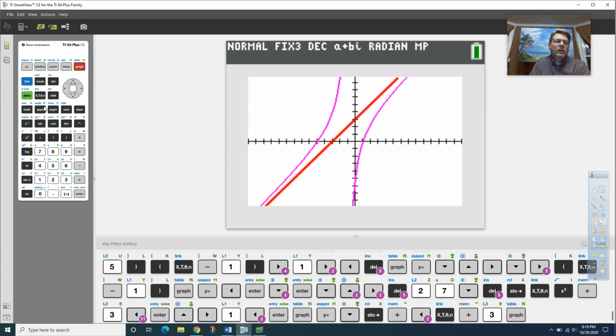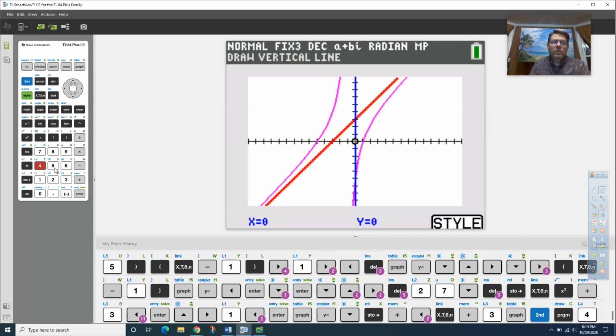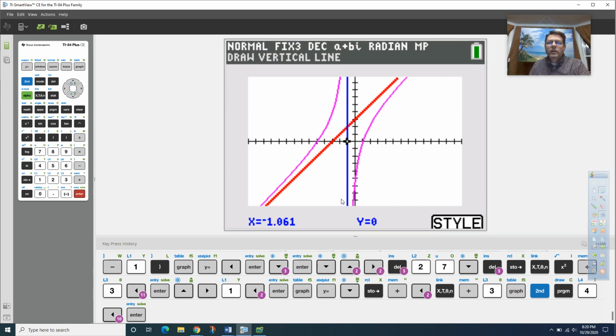And just for grins and giggles, I'm going to show you that -1 line in there as well, and that's a 4. And so you can see that guy going through there as well.